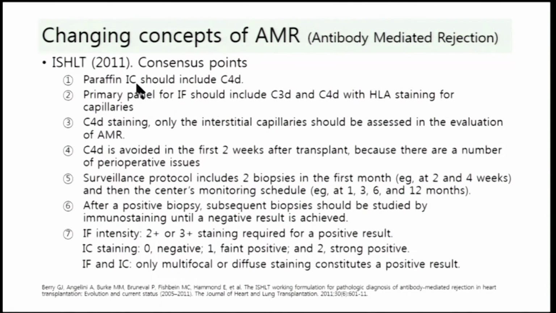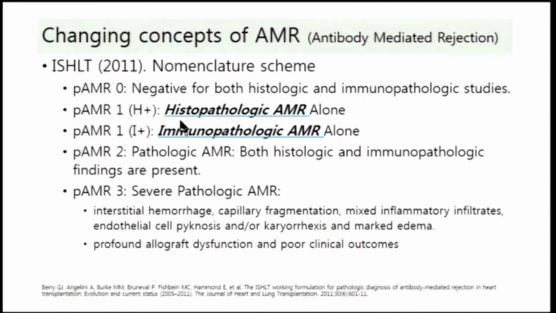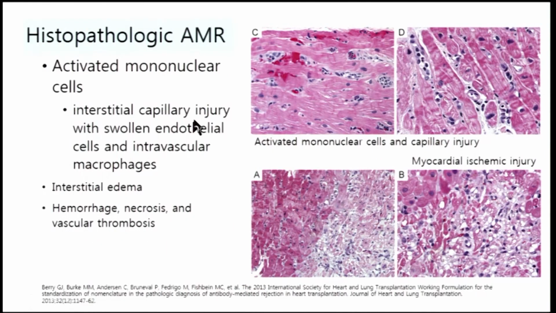There are several points for discussion, but I will summarize that we can understand two concepts: histopathologic AMR and immunopathologic AMR, or both in a single patient. So we have to understand what the histopathologic change of AMR is and how we can diagnose immunopathologic AMR by histology.